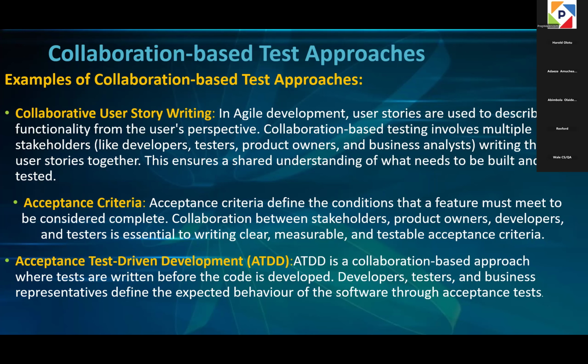They write test cases even though they fail. If their code fails the test, they will refactor the code, continue to refactor, and refactor till the code passes. Okay, that is it about acceptance test-driven development.